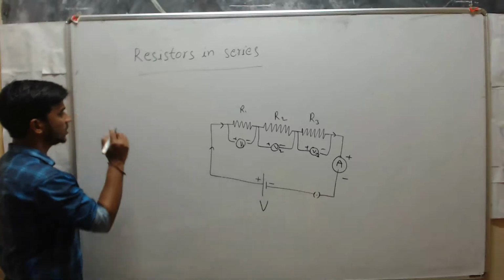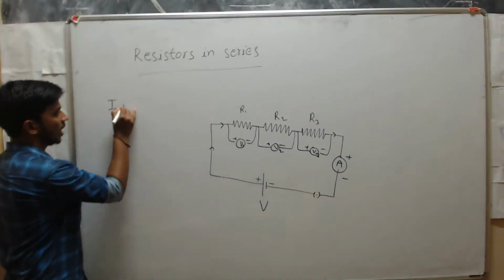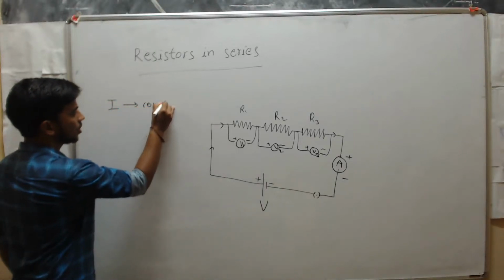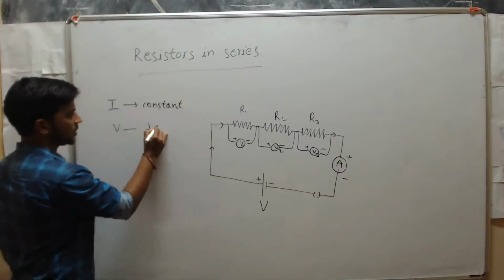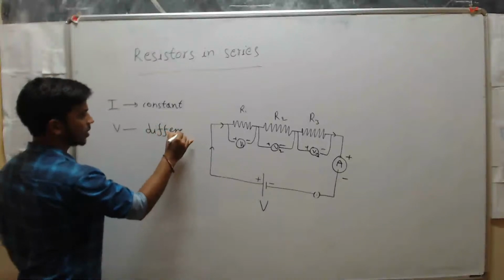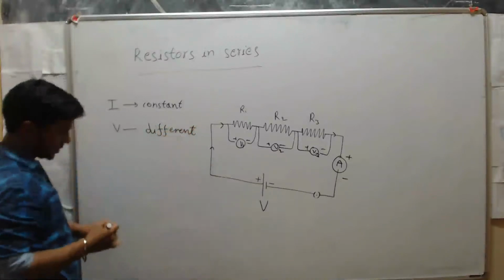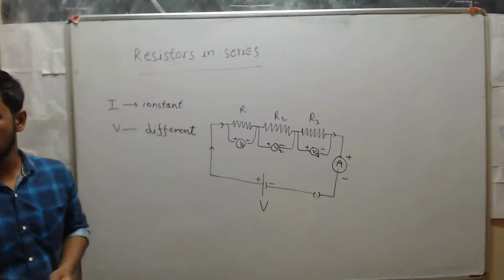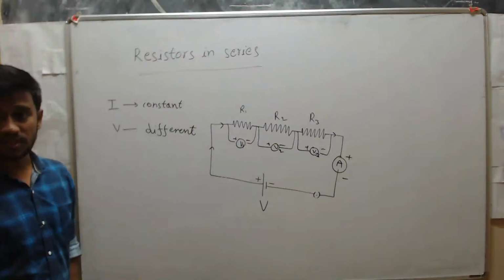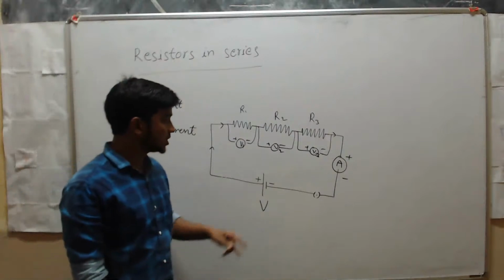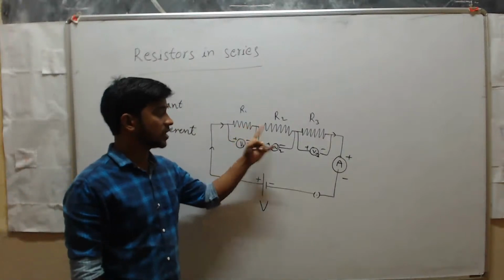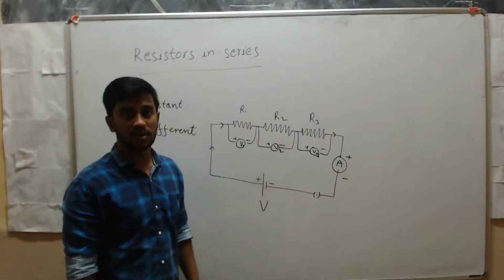In a series circuit, current I is constant, voltage is different. In a series circuit, current is constant and voltage across the resistors is different.